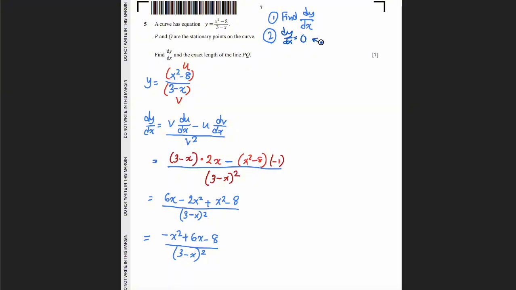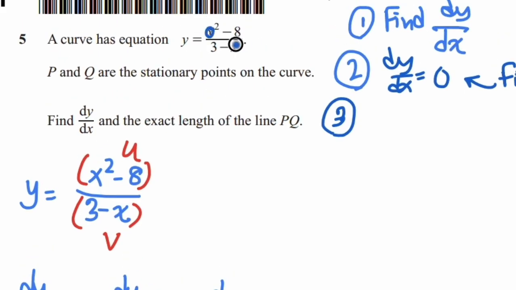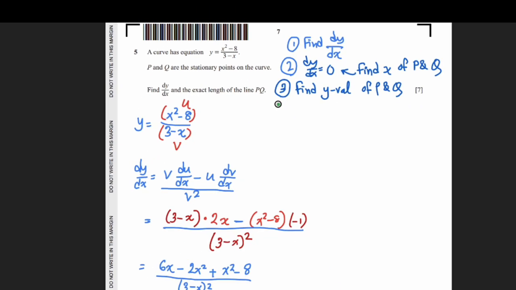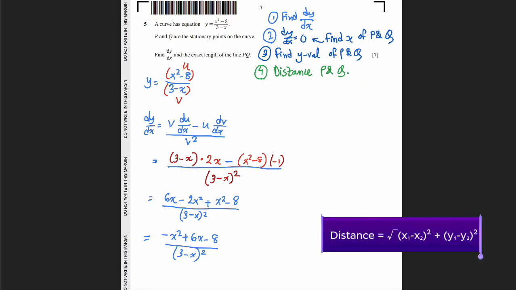And after this we will find the x values of P and Q. If we get the x values of P and Q, we will get the y values of P and Q by substituting those x values over here and here. And then our final step would be to calculate the exact distance between P and Q by using the formula that I'm showing on the screen.